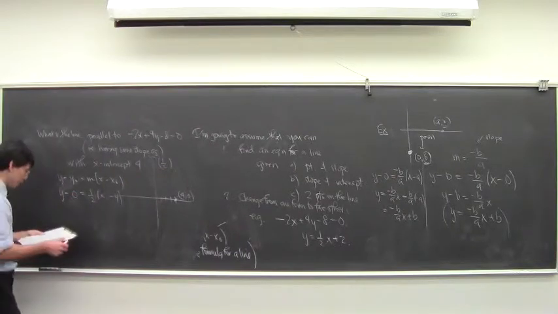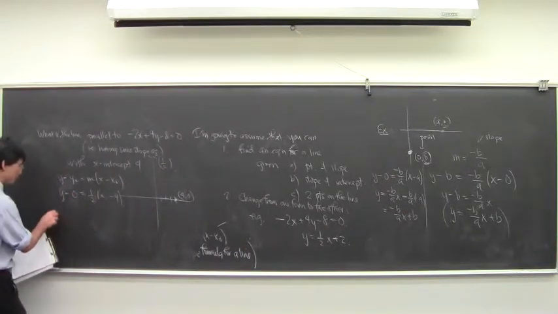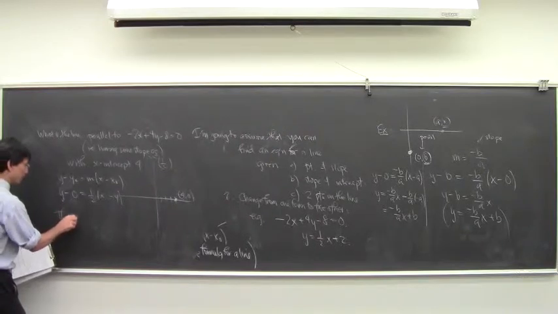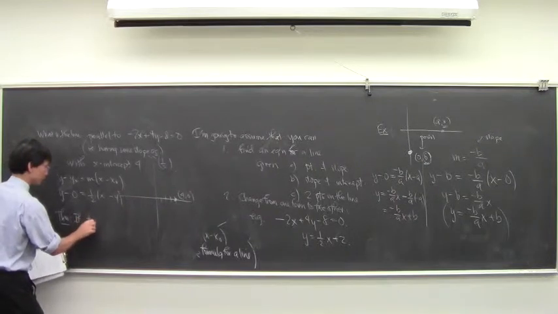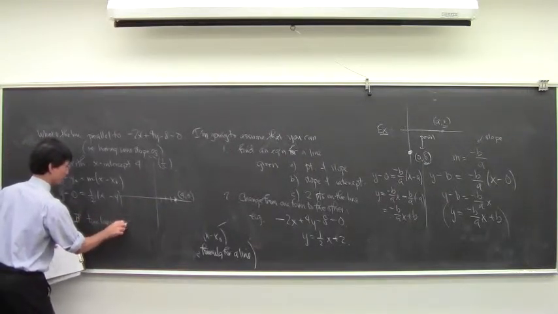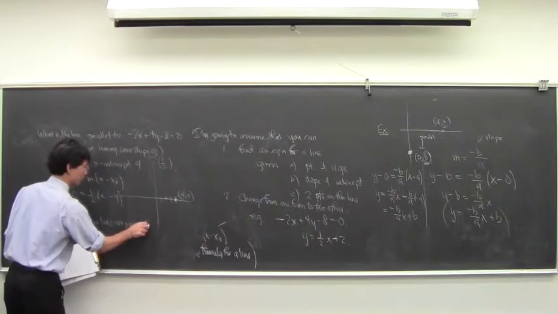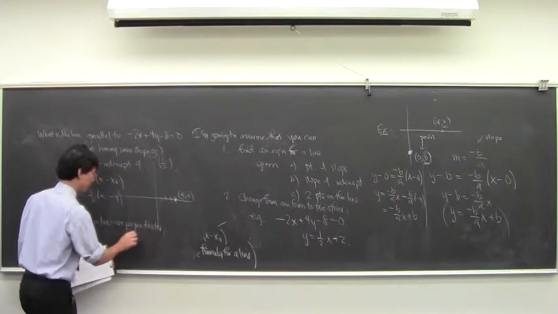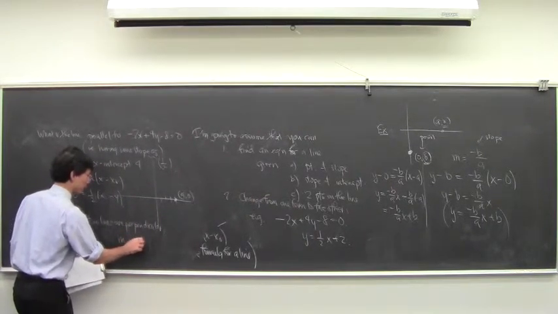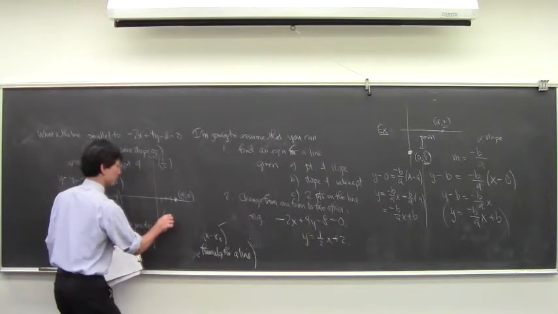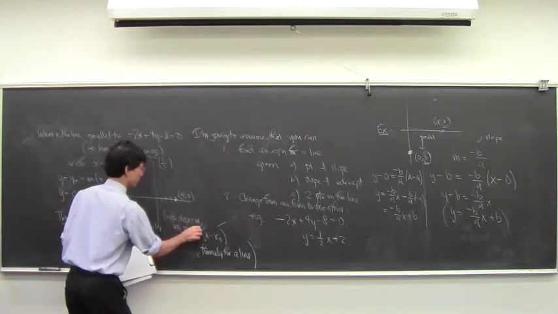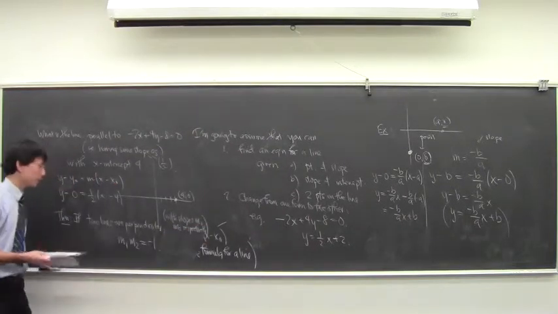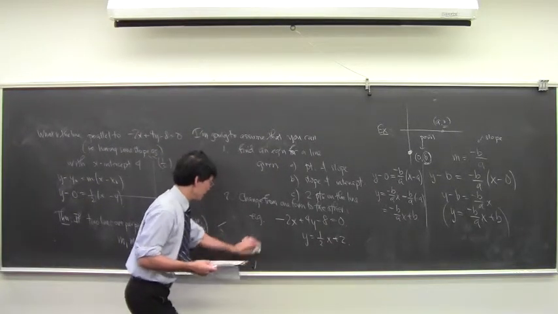So it turns out there's a theorem that says if two lines are perpendicular, with slopes m1 and m2 respectively, then the product of the slopes is negative 1.